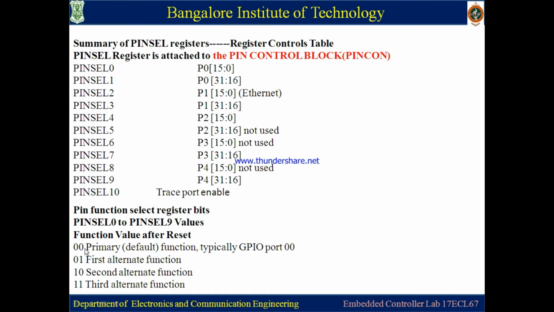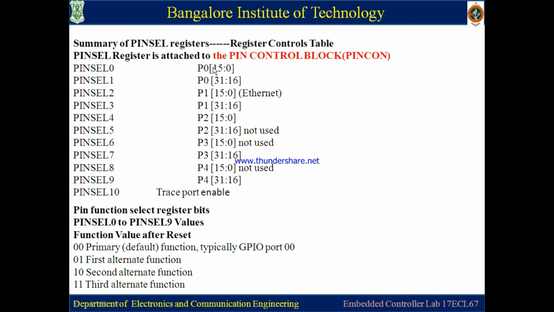That is because, as I told you, each pin is multifunctional. So each pin can be configured in 4 different functions. We'll see what those functions are, because each pin will have different functions. So to configure the lower 16 pins of any port, we require another 32-bit register.